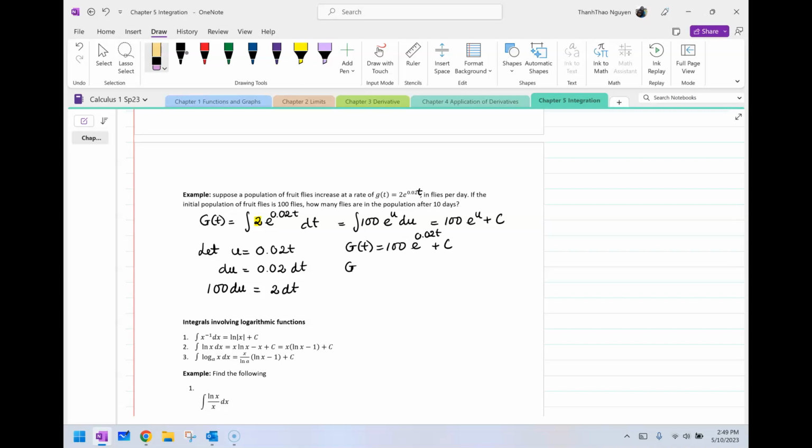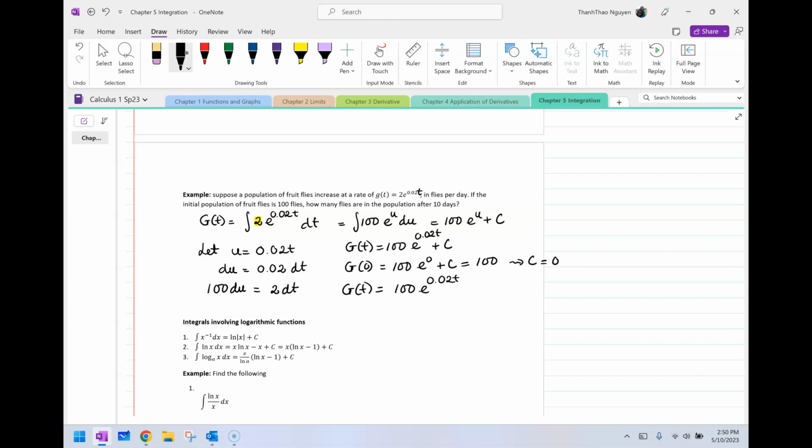So at g of 0 we have 100 e to the 0 plus c equal 100. So here c equal to 0. Is that right? Yes, c equal to 0. So g of t, the function, is equal to 100 e to the 0.02t.